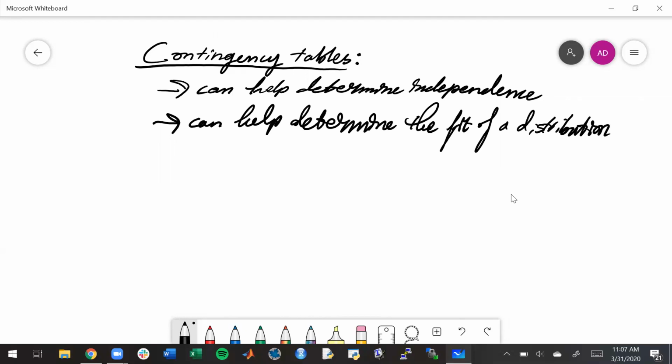We'll talk about both of these more later when we go through some examples.